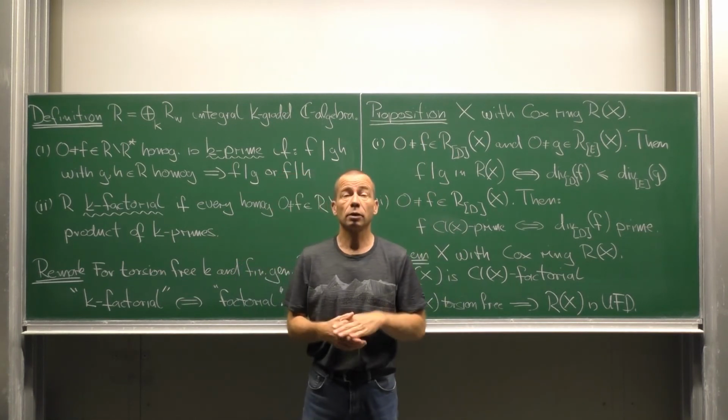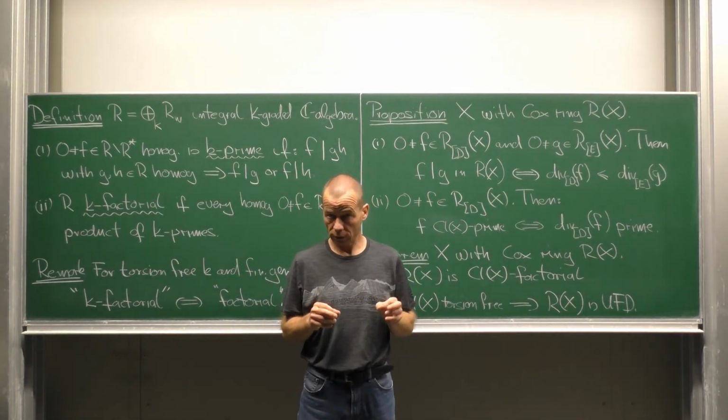The following proposition interprets divisibility in the Cox ring in geometric terms.